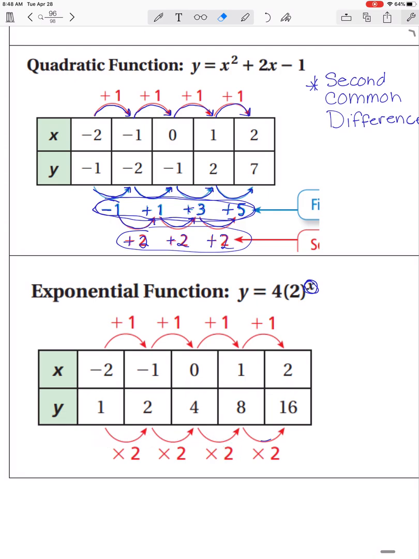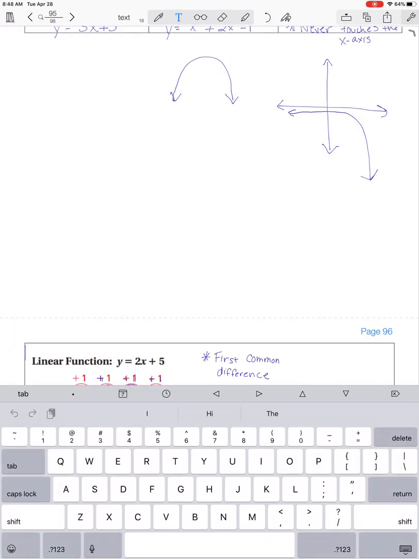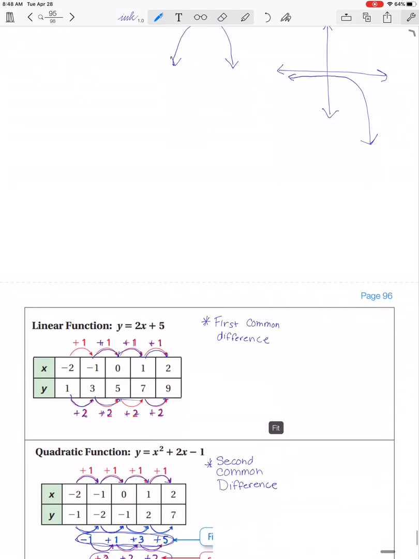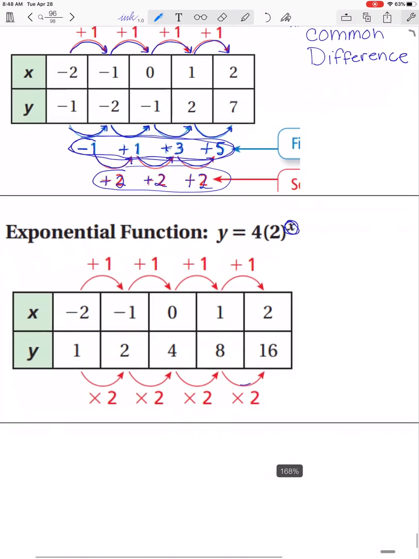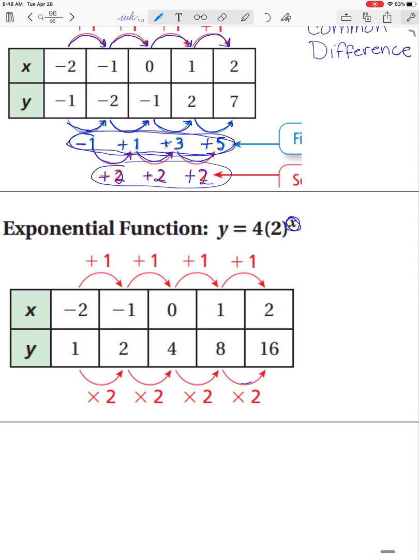Okay, so if we pretend that we said, I really don't know which one this is by just looking at it. Let's check to see if it's a linear function, so we'll pretend like that's not here. If I'm pretending this is a linear function, I would ask, how did I go from 1 to 2?